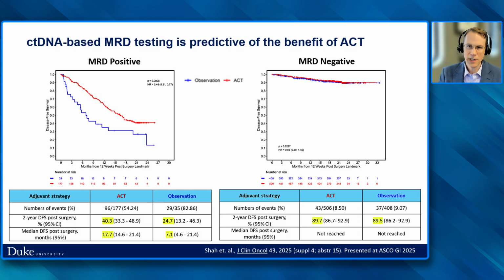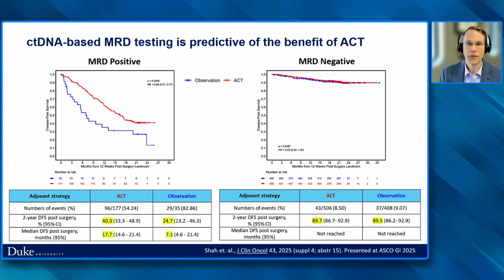But what I find, once again, very provocative from this data set is this question of what to do with a positive result, how much adjuvant chemotherapy helps. This data really pretty much validates everything we saw out of the Galaxy study in Japan, in that we do see a substantially better 2-year disease-free survival for adjuvant chemotherapy, but only in those patients who are MRD positive.